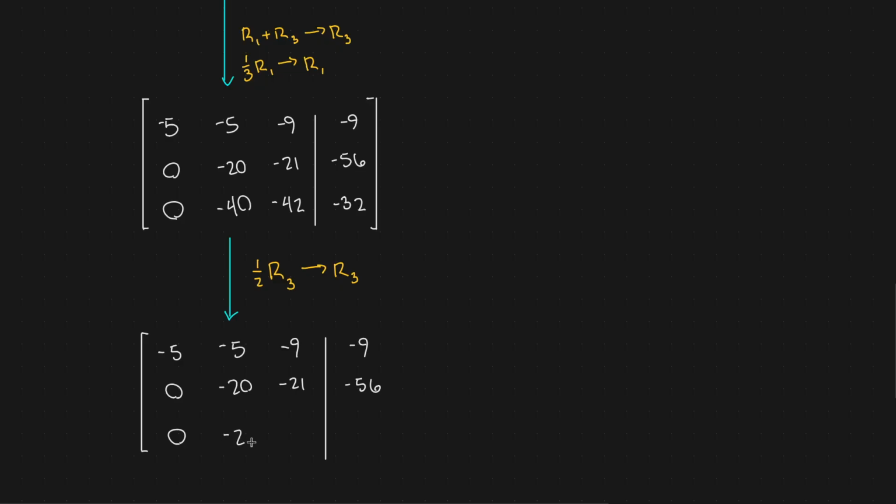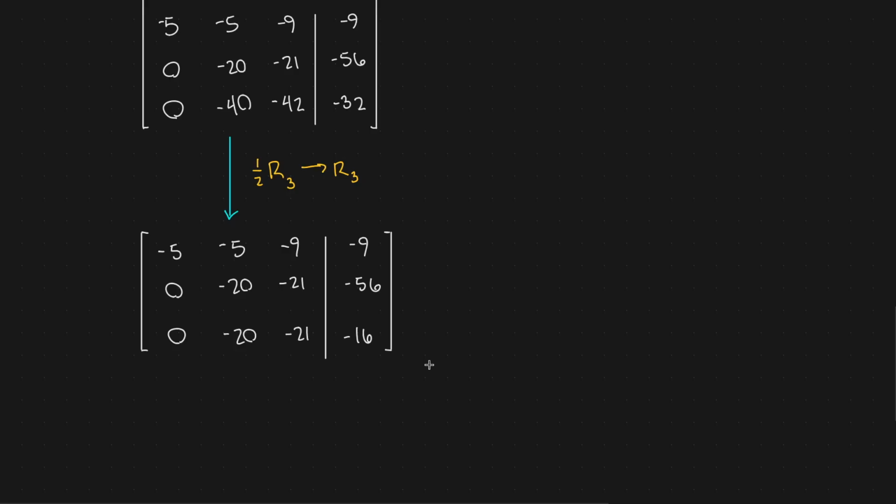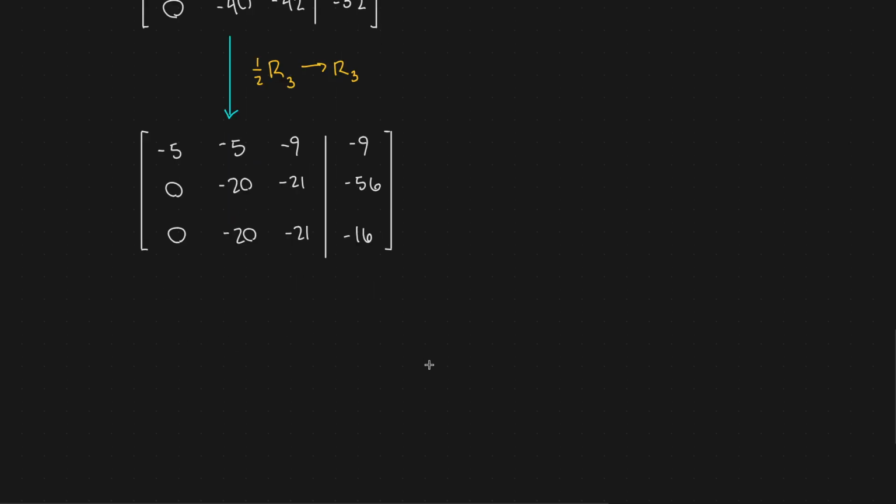So I get -20, -21, and what do I get there? -16. Okay, now I'm ready to take this leading element, this leading term, and get zeros below it.